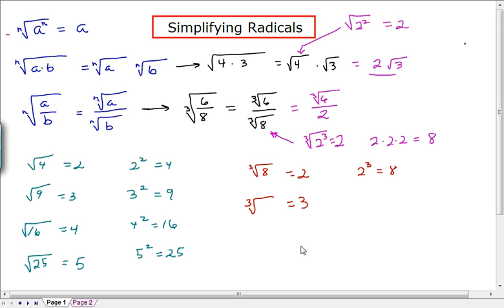The cubed root of what gives us 3? Well, 3 cubed, which is 3 squared times 3, which is 9 times 3, is 27. So it must be 27.